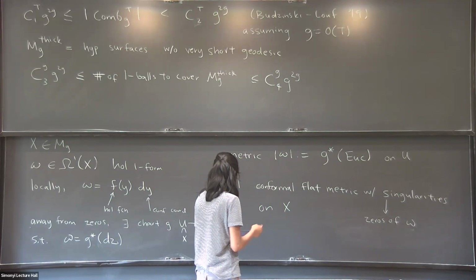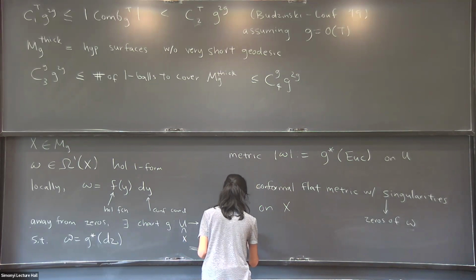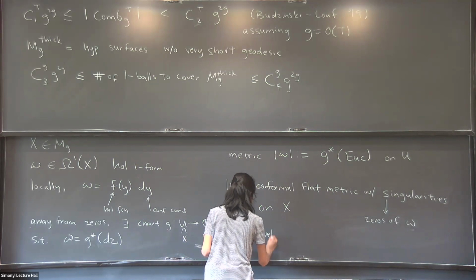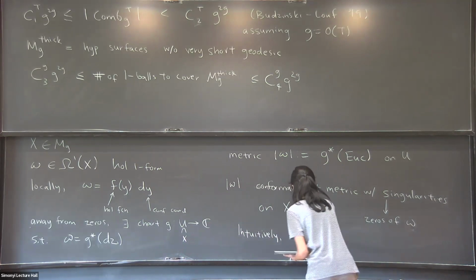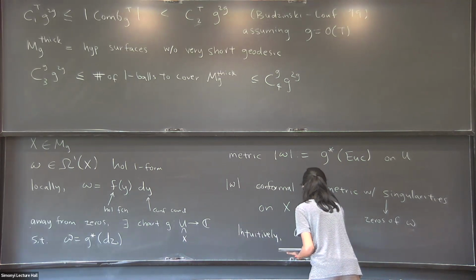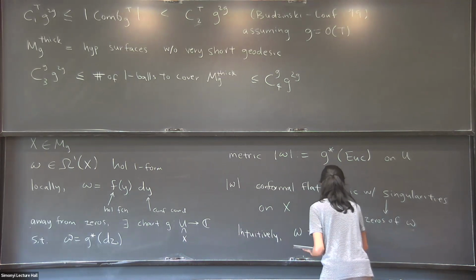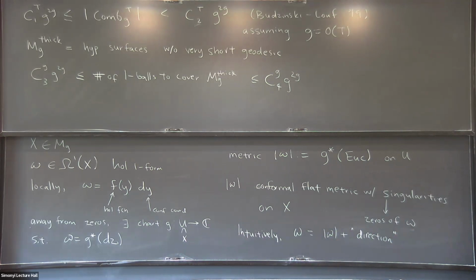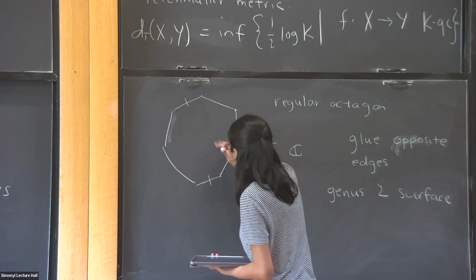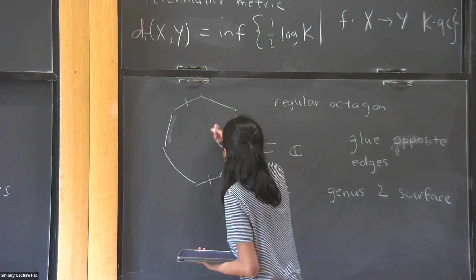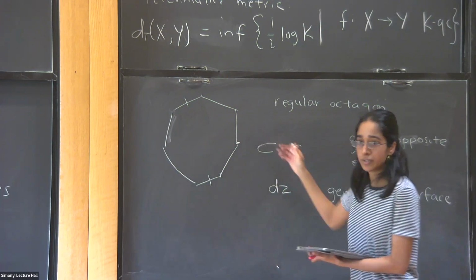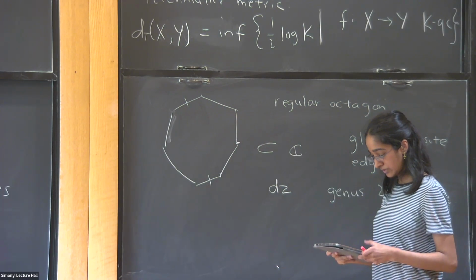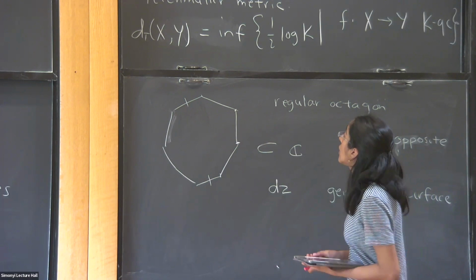And in general, the holomorphic one form is like the flat metric plus some notion of direction. So if I want to know dz here, I have to know the Euclidean metric, but I also know some form of direction. dz gives me more.